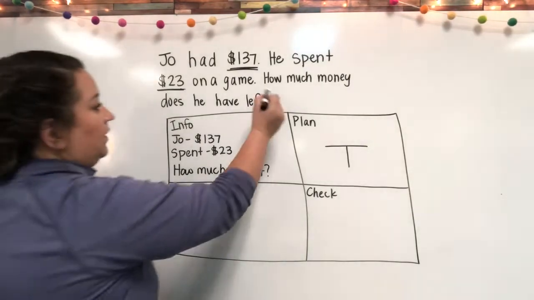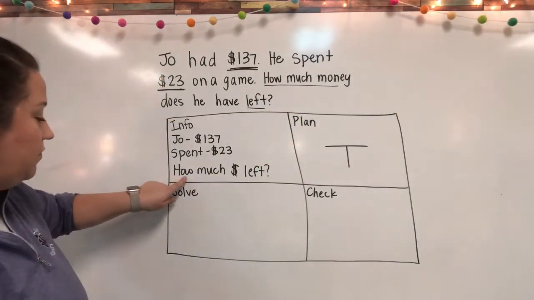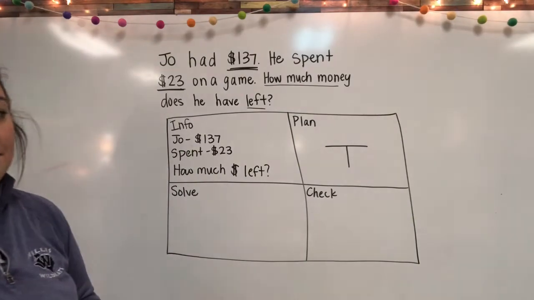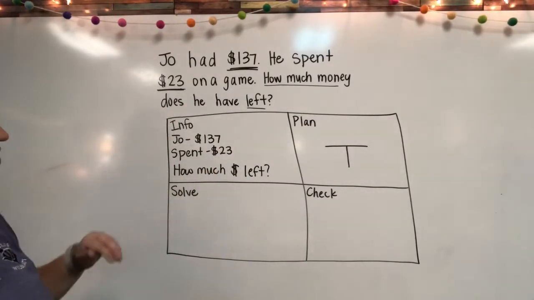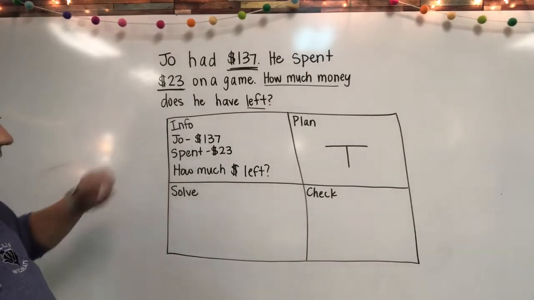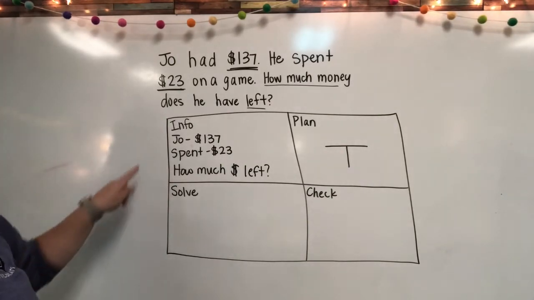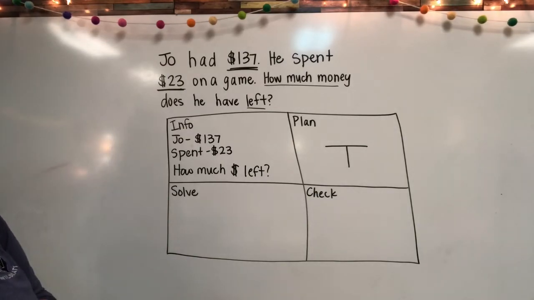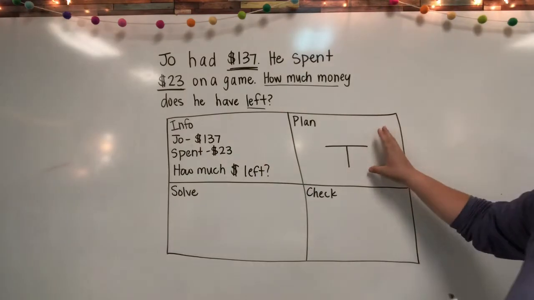We want to know how much money does he have left. So I wrote how much money left. Okay? So all that important information should be right here in the important info box. So I want you to make sure that in your important info box, you have your important information. And then we're going to go over and we're going to make our plan.